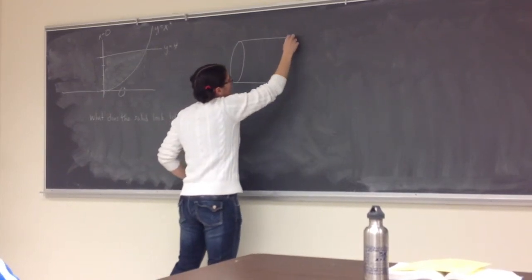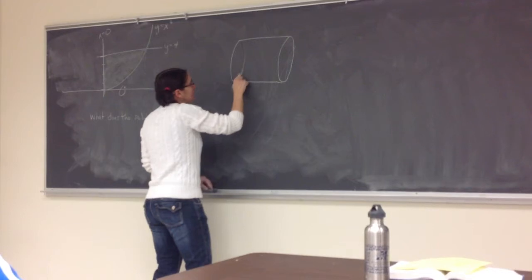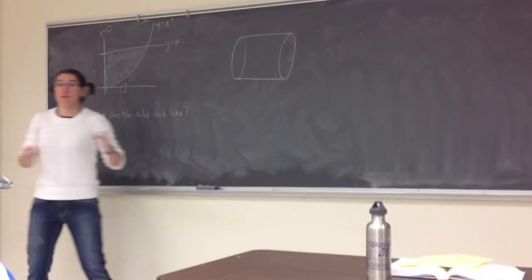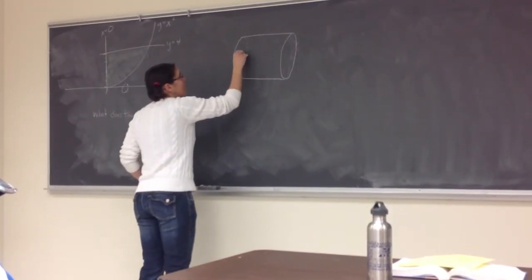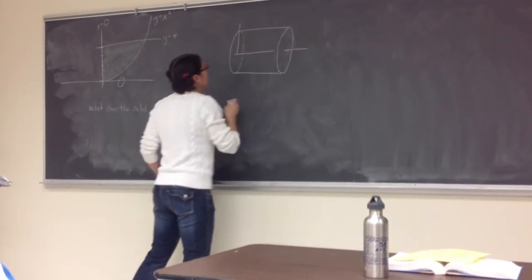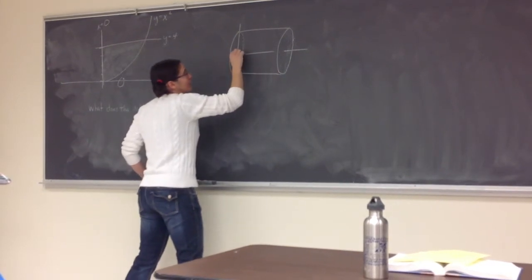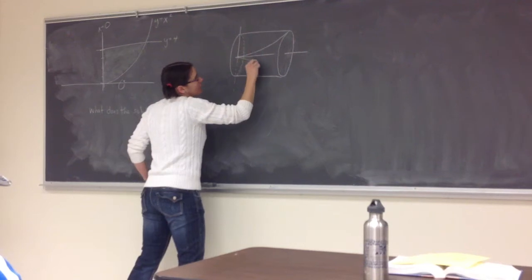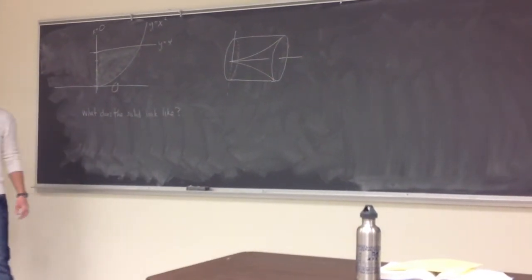So my outside part looks like this cylinder. And then inside, here is our axis. My inside is carved out, hollowed out, almost like we pulled that Hershey Kiss out of the middle.